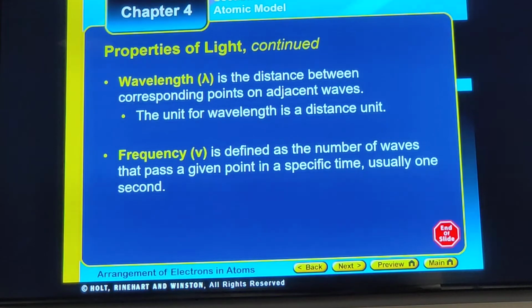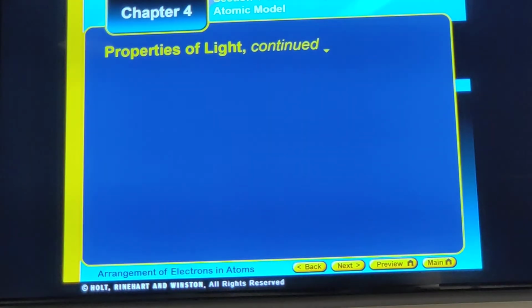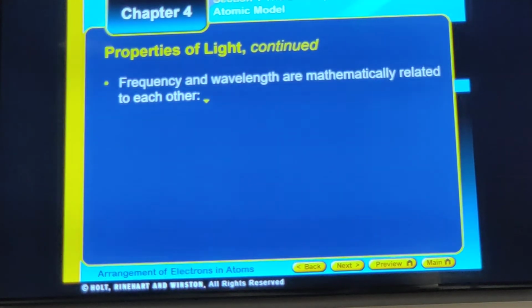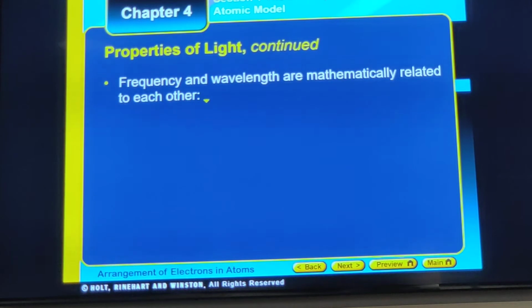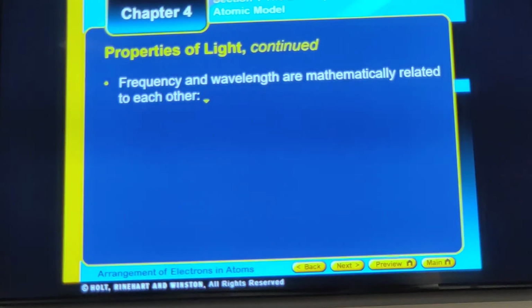It's named after somebody, Helmholtz Hertz. These are German names, so they sound a little strange to us, but we're not German, that's why. So a hertz is the same thing as something per second.